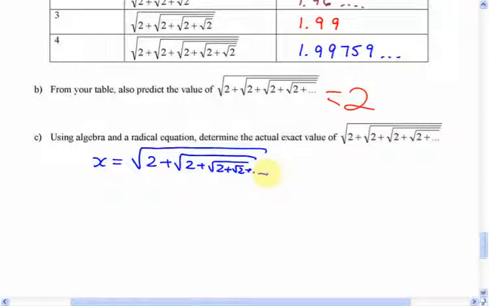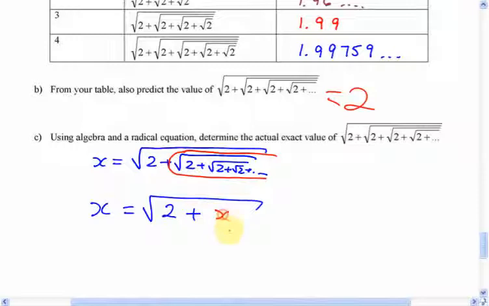Hisham says, yeah, Mr. Lee, this stuff here is the same as what you just wrote down up here, because this goes on infinitely forever and ever and ever. You're right. What did I just call that? I called that x. So this whole thing here is also equal to x. So therefore, x equals root of 2 plus x.